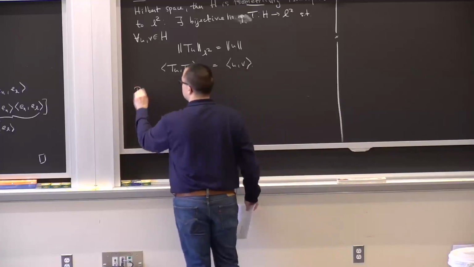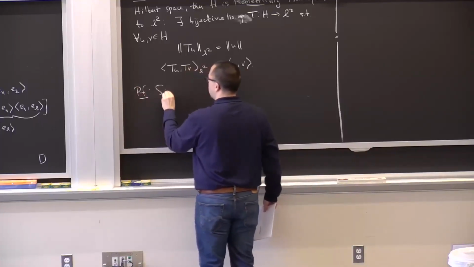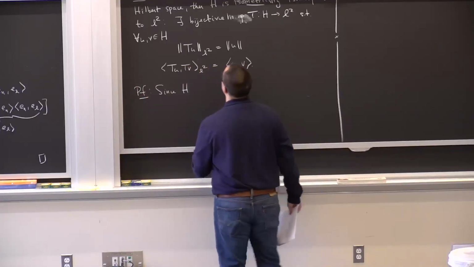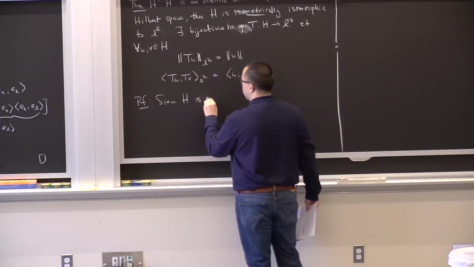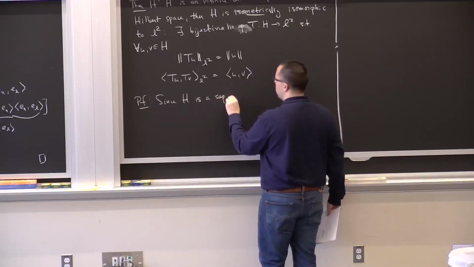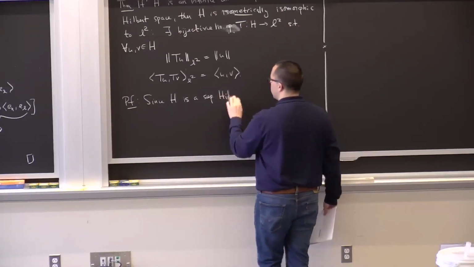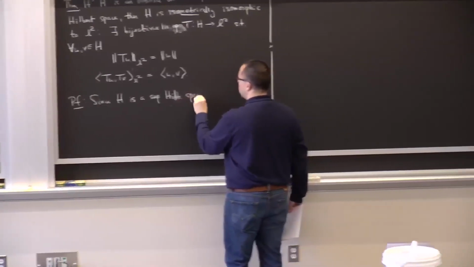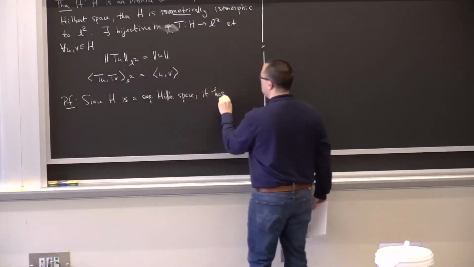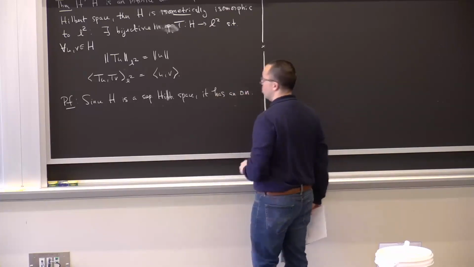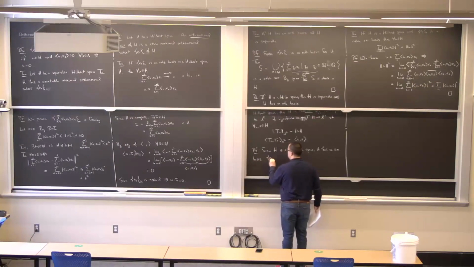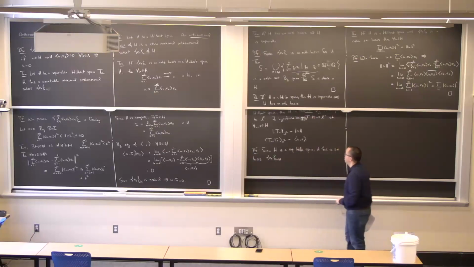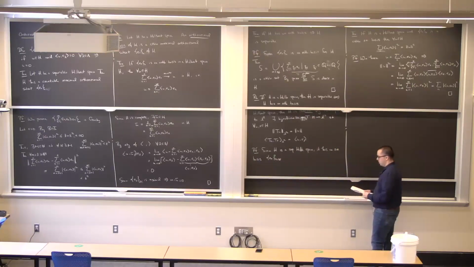So what's the proof? So since H is a separable Hilbert space, it has an orthonormal basis e_n, which is countably infinite since we're in the infinite dimensional setting.